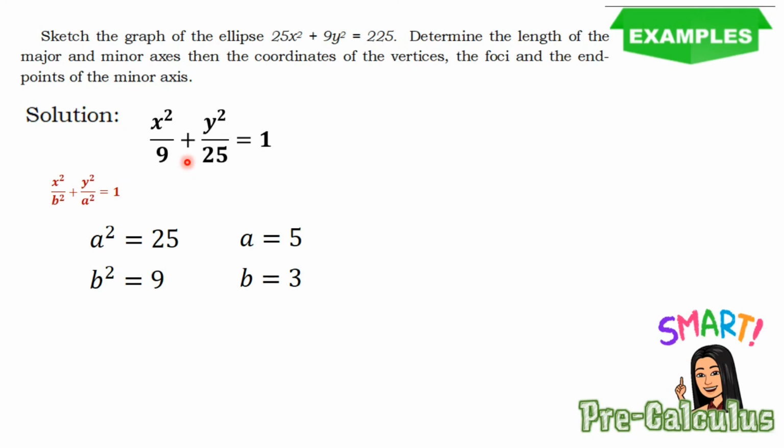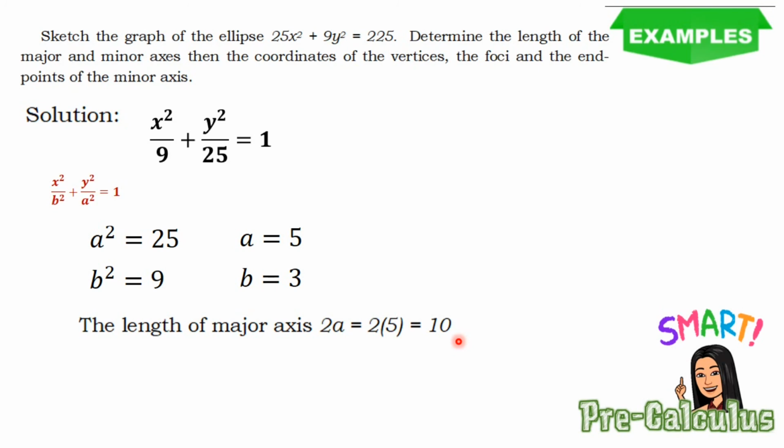So again, if we are to find out, ito yung unang tanong, the length of the major axis, sabi ko kanina, for us to get the length of the major axis, we need to multiply letter A by 2. So we will be having 10 as our length for our major axis. Now, we now have letter A and letter B. Letter C is missing. Letter C is needed for us to get the coordinates of the foci.